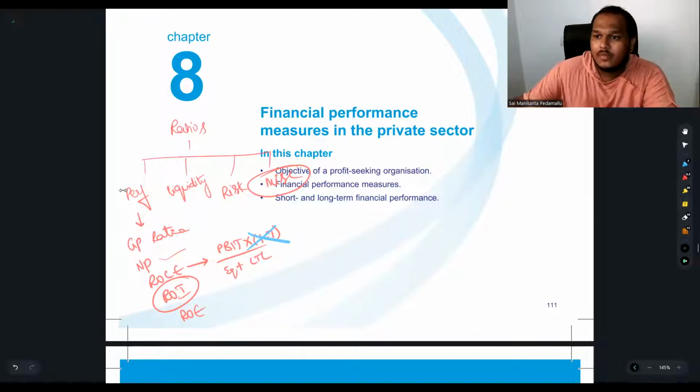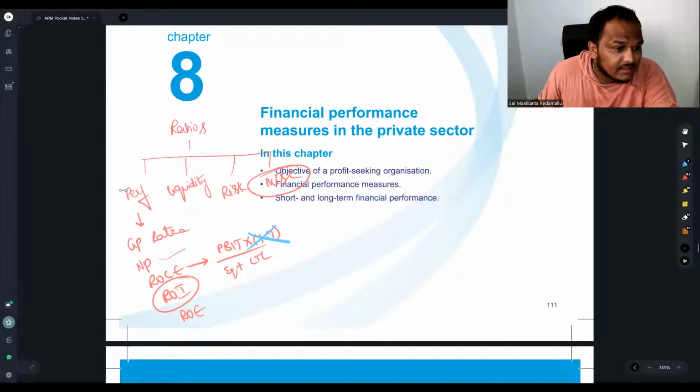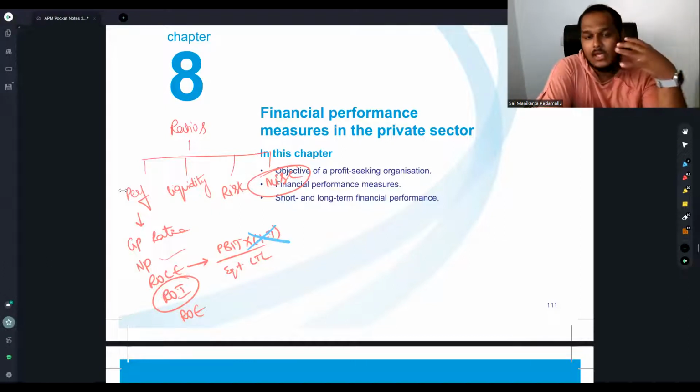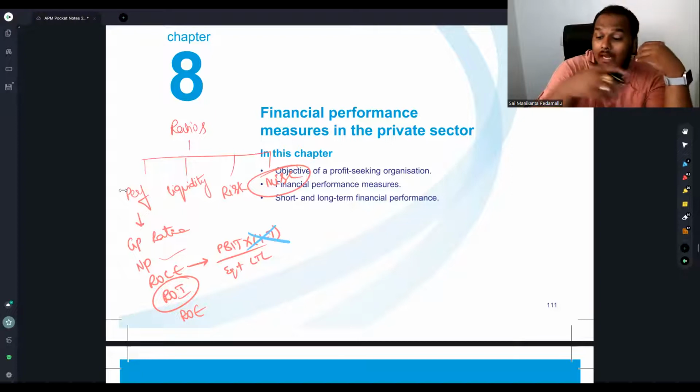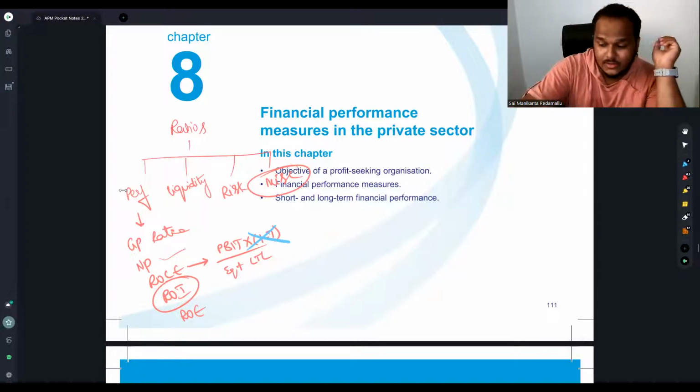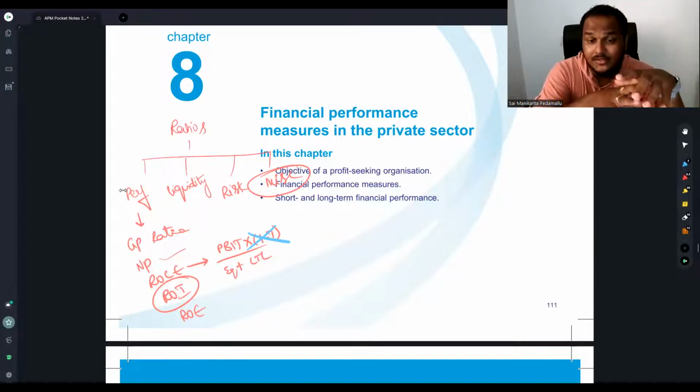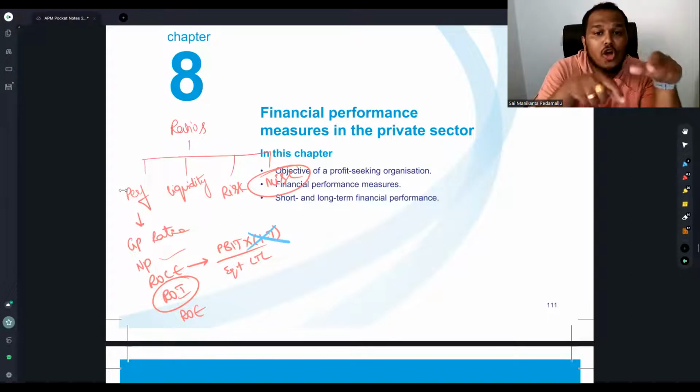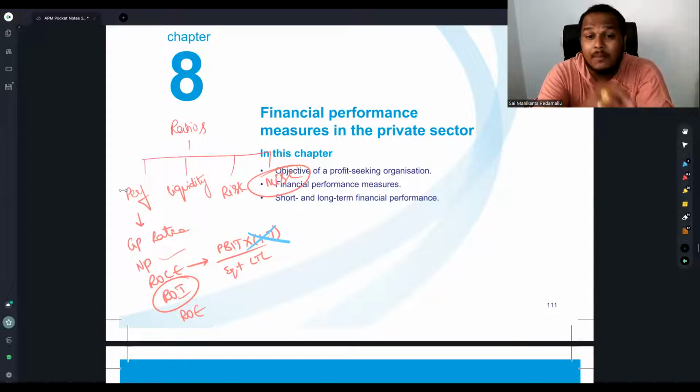Anyways, moving further. ROI is the divisional version of ROCE. Basically, ROCE is calculated on the total capital employed in the business. Please understand this. You employ your capital in the business, whereas you invest in a particular division.